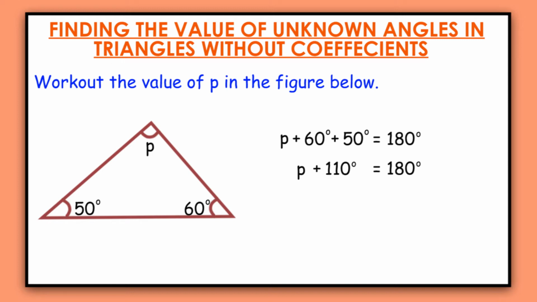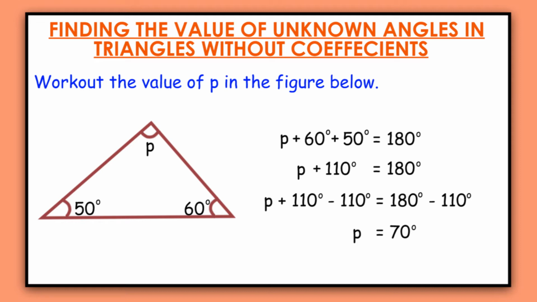On this note, we shall have P plus 110 degrees minus 110 degrees is equal to 180 degrees minus 110 degrees. The difference between 180 and 110 is 70 degrees. Conclusively, we shall have P on our left hand side being equal to 70 degrees on the right hand side.